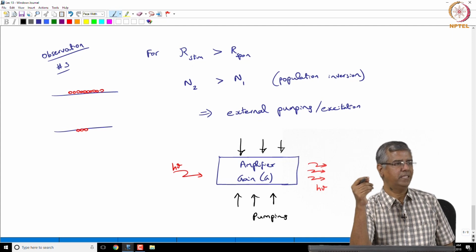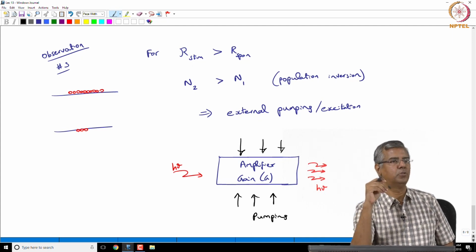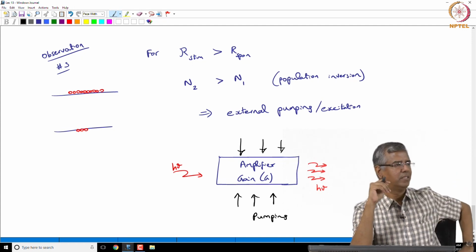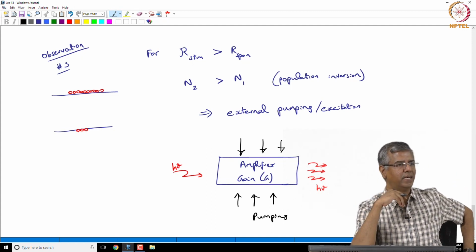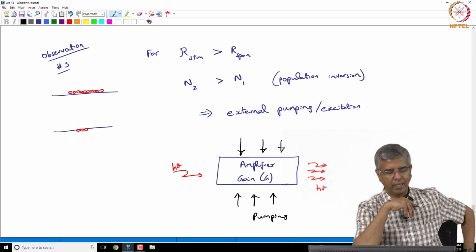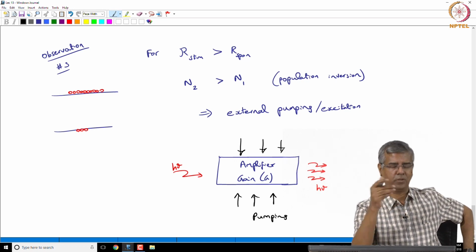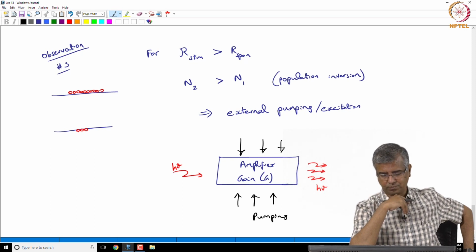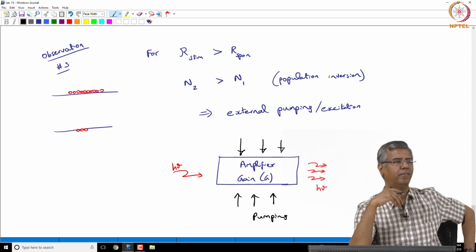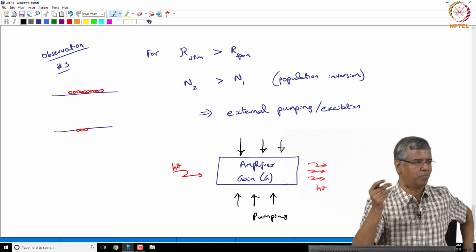This external pumping can be in terms of optical radiation. You can come in with optical radiation to excite to a higher energy level, and from there you could have stimulated emission, or you could have electrical means of pumping.